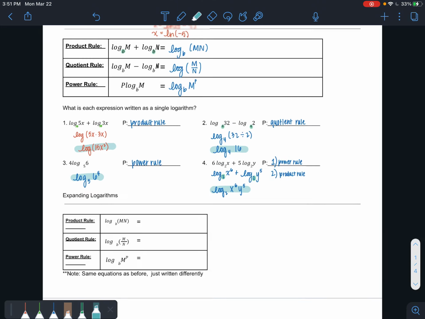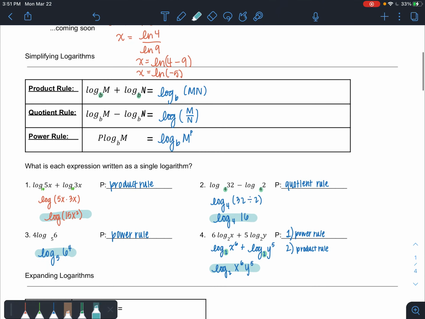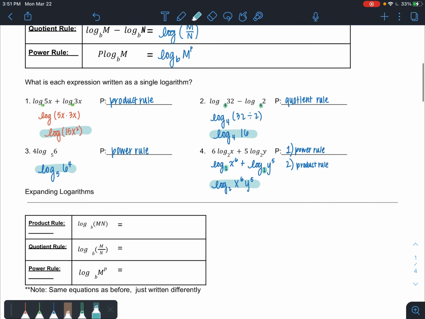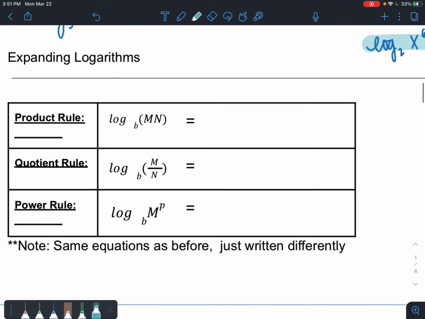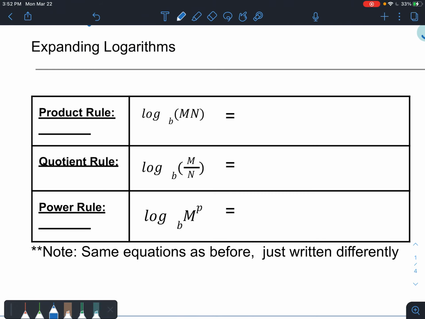All right, so with these ones, when we're expanding, you'll notice that I just wrote the side that we already had. So we had the right side here, and I just put the right side right there. So we're just going back the other way. If I have multiplication and I'm trying to expand, I can write this as log base b of m plus log base b of n.